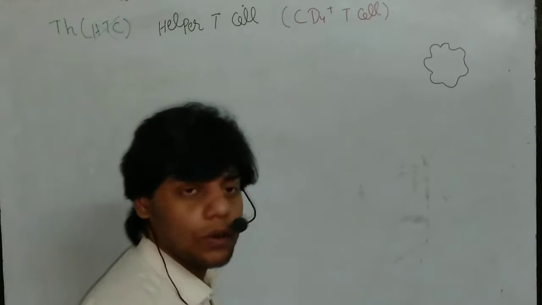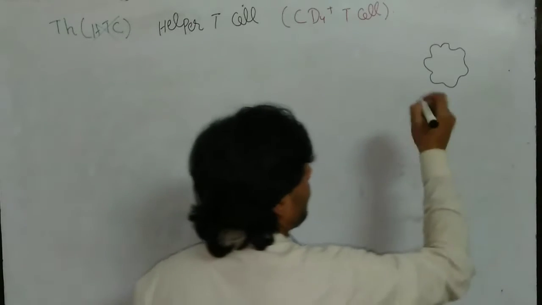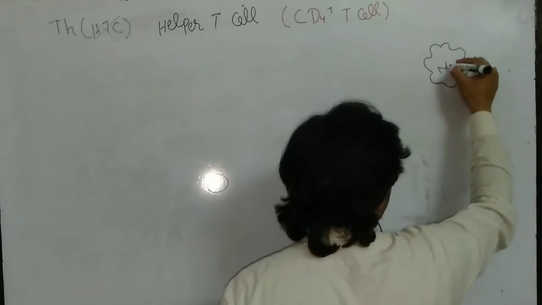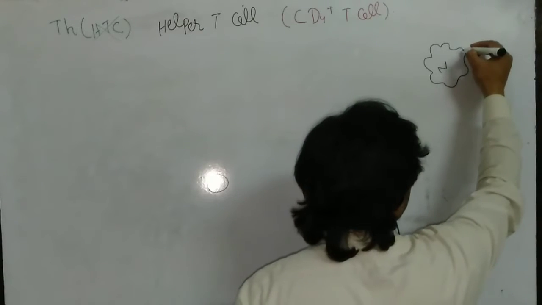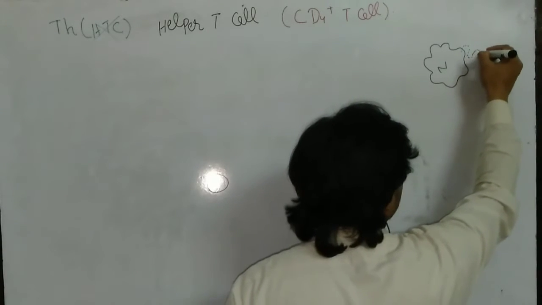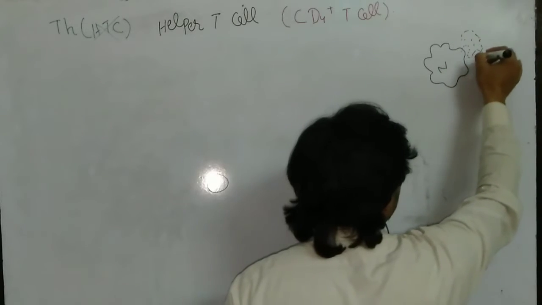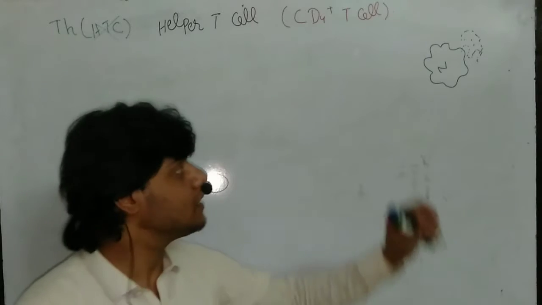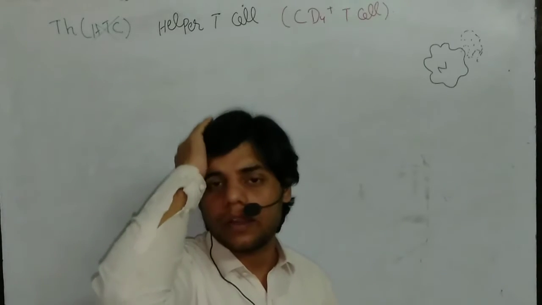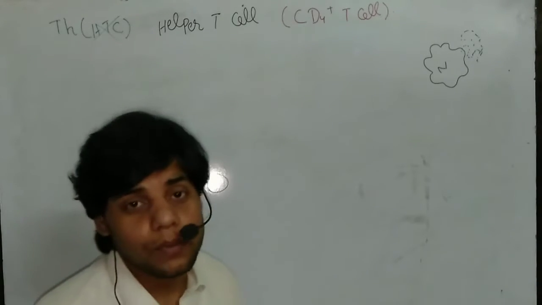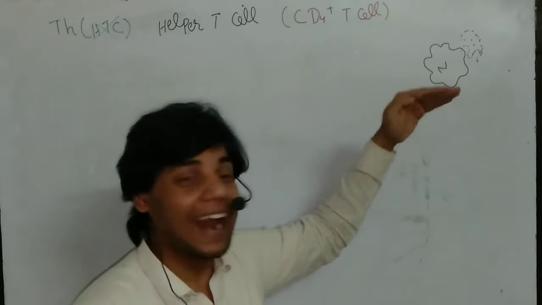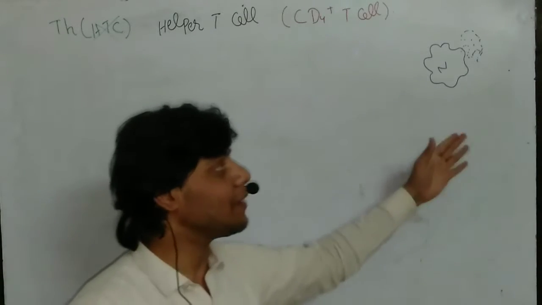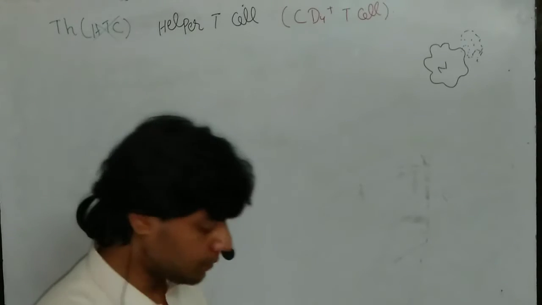Once it got infected, it will secrete different kinds of interleukins, or cytokines. Now what is the job of the cytokines? They can attract cells. In this case they will attract helper T cells.